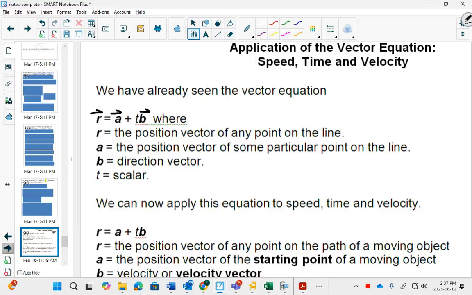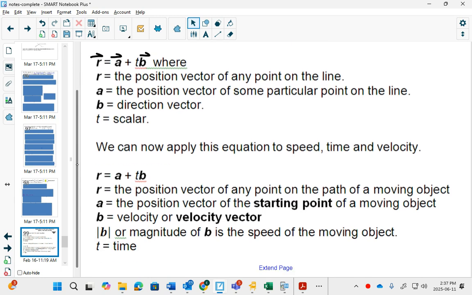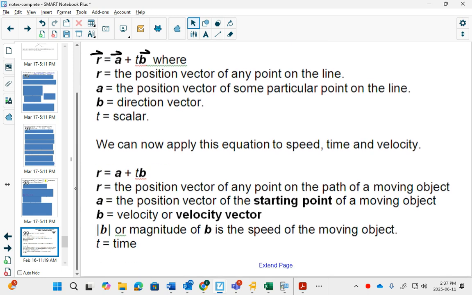And for the most part, this is pretty realistic because, especially when you're looking on a small scale, vehicles are traveling in a straight line. Our direction vector, we call our velocity vector.